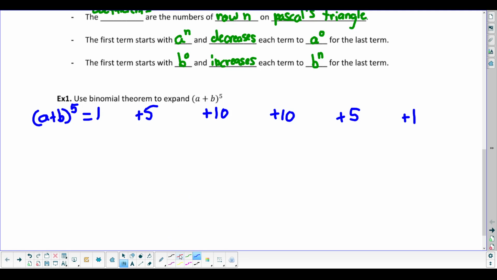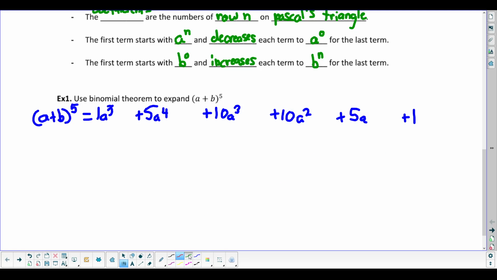And then a starts at n. So a is going to start at 5. So a to the power of 5. And it decreases each time. A to the power of 4, a cubed, a squared, a to the power of 1, a to the power of 0. Okay. So we know we wrote enough terms because a went to the power of 0 by the end.